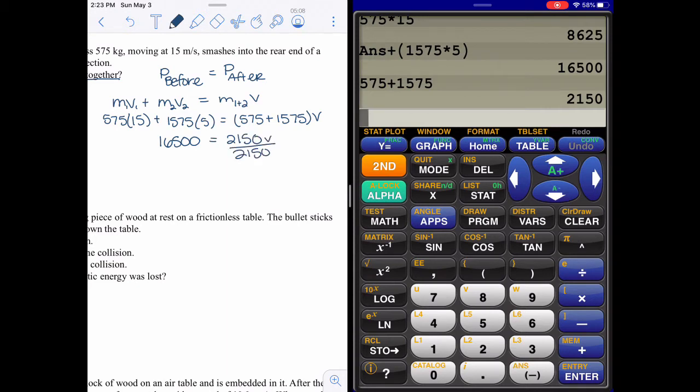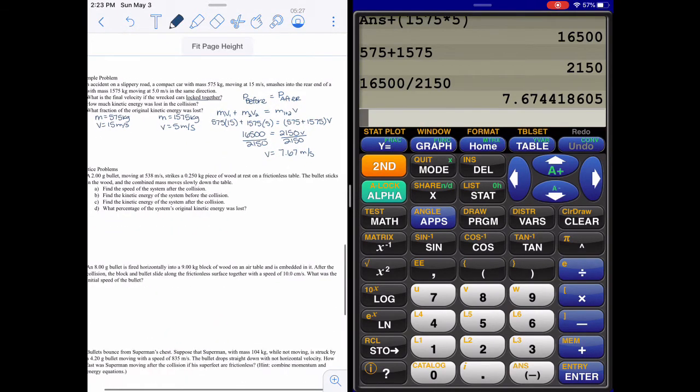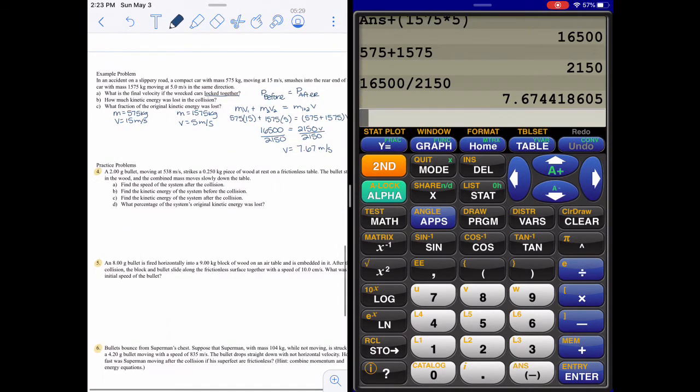Solve for v. And their ending velocity is 7.67 meters per second. So that is my answer to question A.